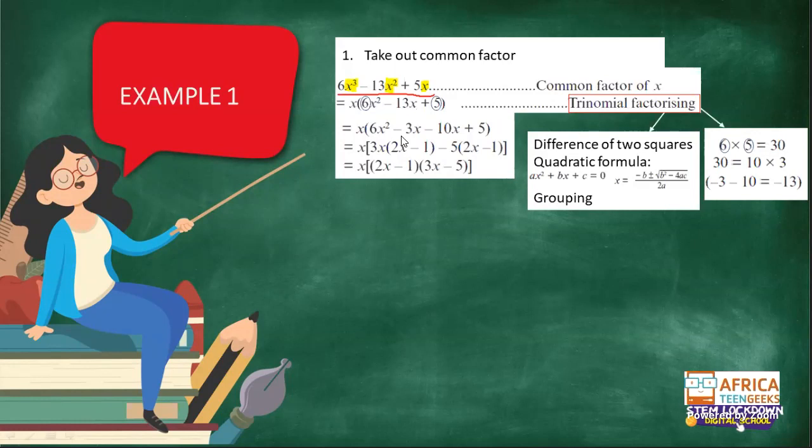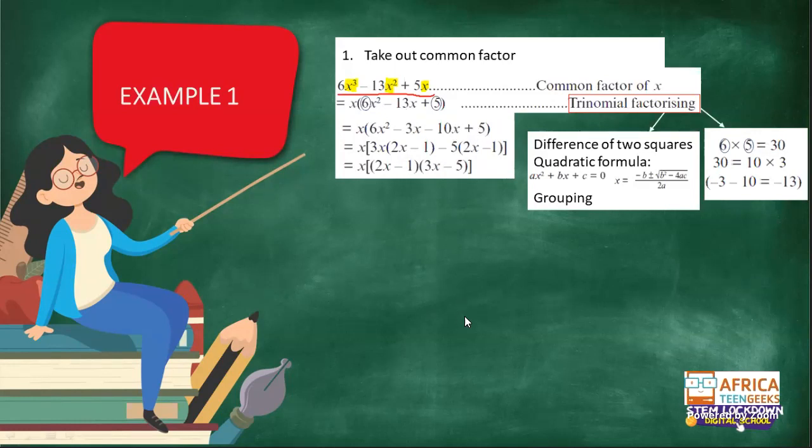You would know that you need a -3 and a -10. Why? Because -3 plus -10 would give you -13x. And you have a +5 at the end, so it means your factors should both be negative.